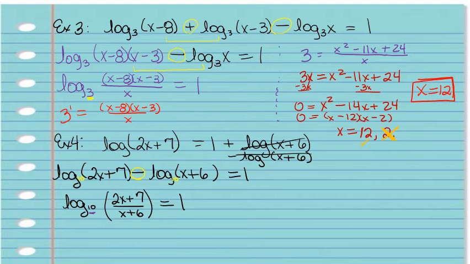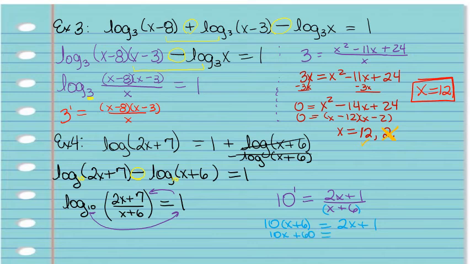10 is my base. So now this I can rewrite in my exponential form. 10 to the first power is equal to 2x plus 7 over x plus 6. I'm going to multiply both sides by x plus 6. It's going to give me 10 times x plus 6 is equal to 2x plus 7. And then I'll distribute my 10, so I have 10x plus 60 equals 2x plus 7.